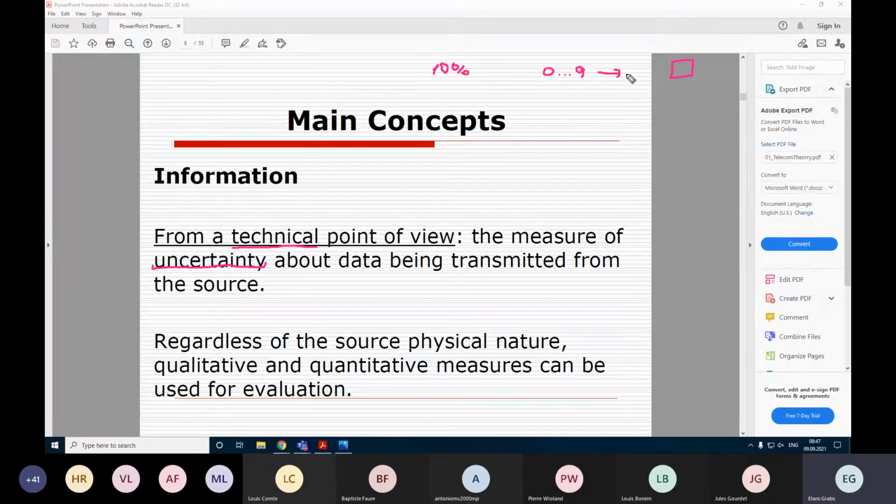So it's completely uncertain what digit will show up next. And from that point of view, this will be a very informative message for you. So let us say you have received 1 and you were completely unaware that this would happen. Yes, so the amount of information this one is providing to you is maximum.